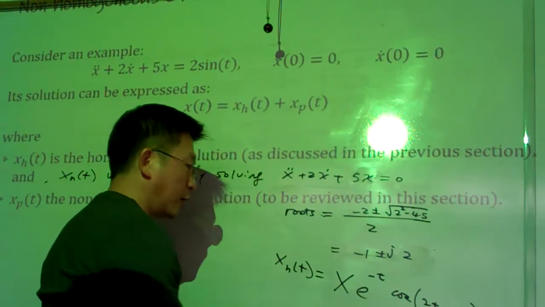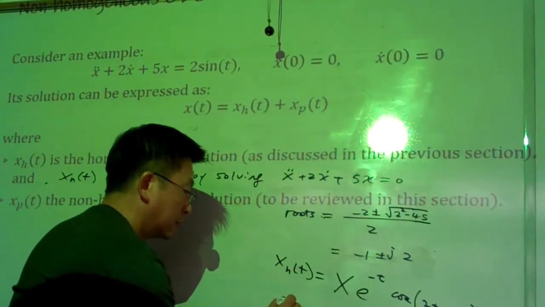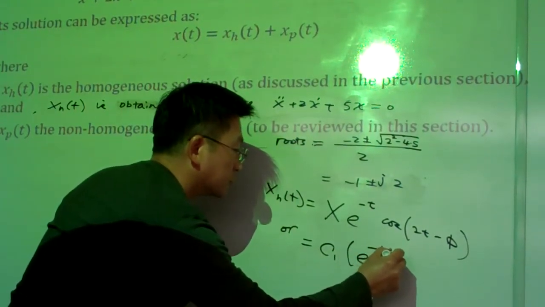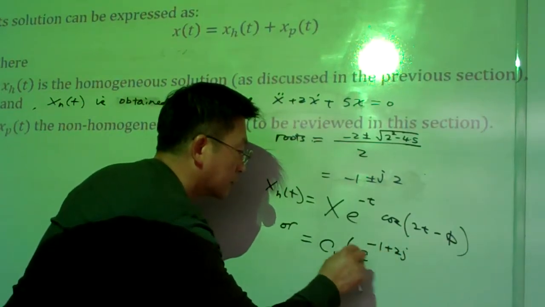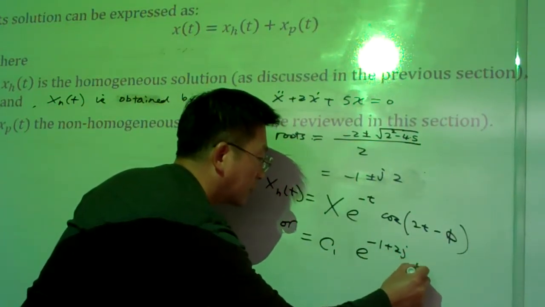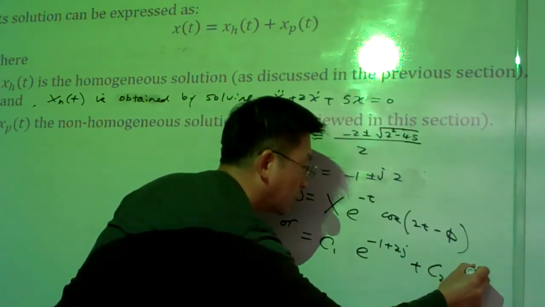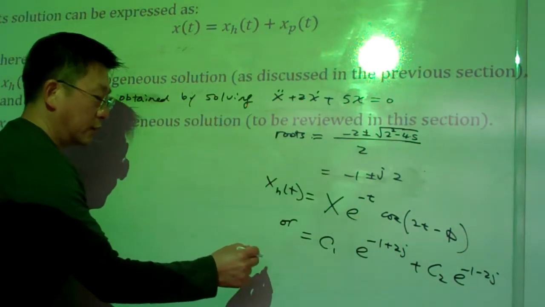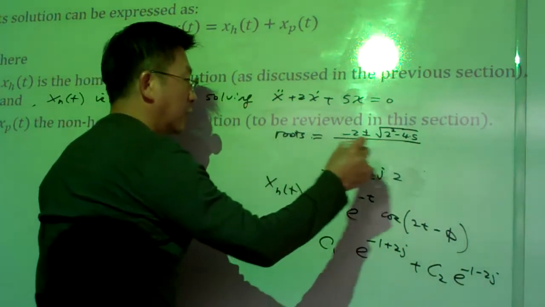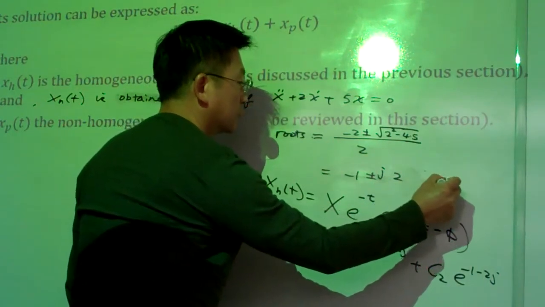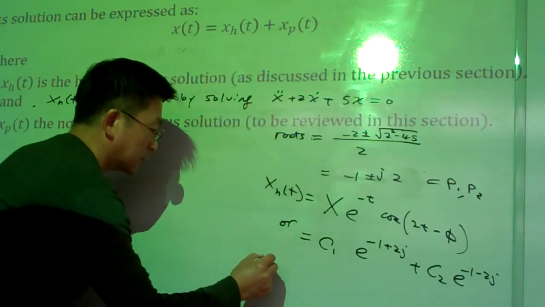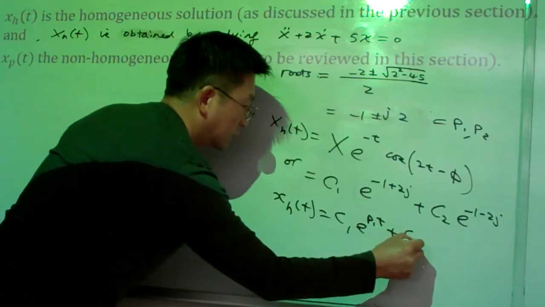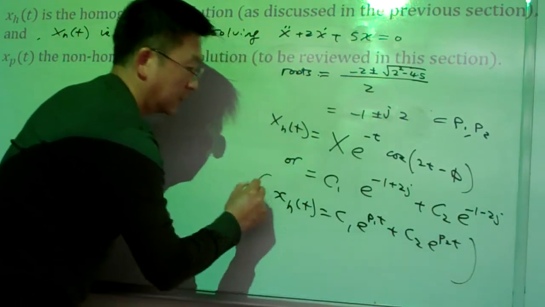Otherwise it can be in the combination C1 exponent of minus 1 plus 2j t, plus C2 exponent of minus 1 minus 2j t, right? Because if you remember, if we have two roots P1 and P2, then the homogeneous solution is C1 exponent P1 t plus C2 exponent P2 t.